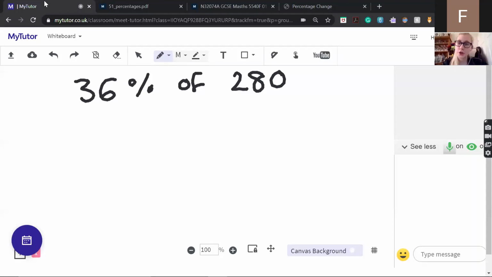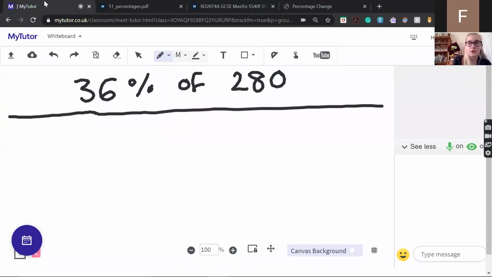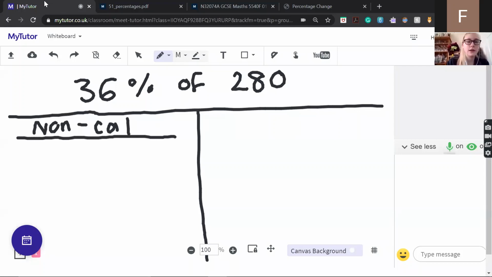And I'm going to show you both methods of this. The calculator method only takes 1 line. Obviously, if this is in a non-calculator exam, then you can't do that. So the non-calculator method is probably the one that you're familiar with. You probably know both, to be honest. If not, we'll learn something.